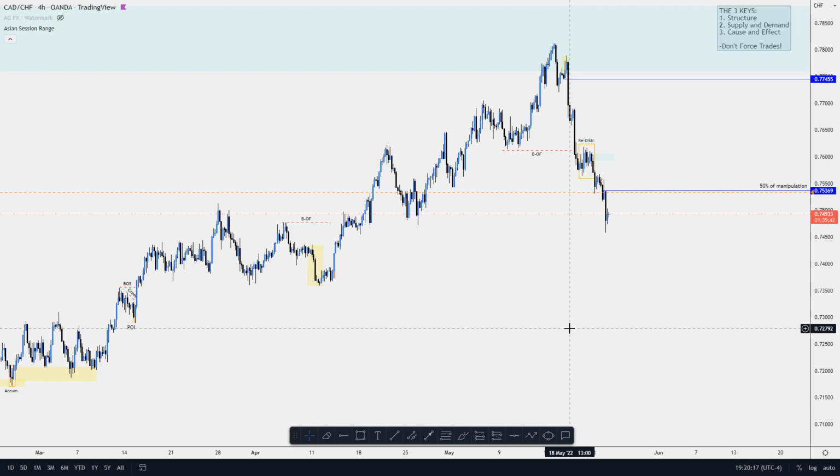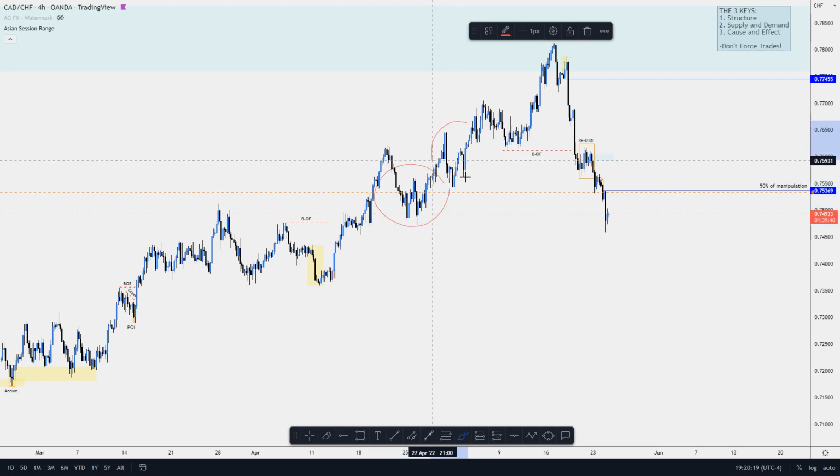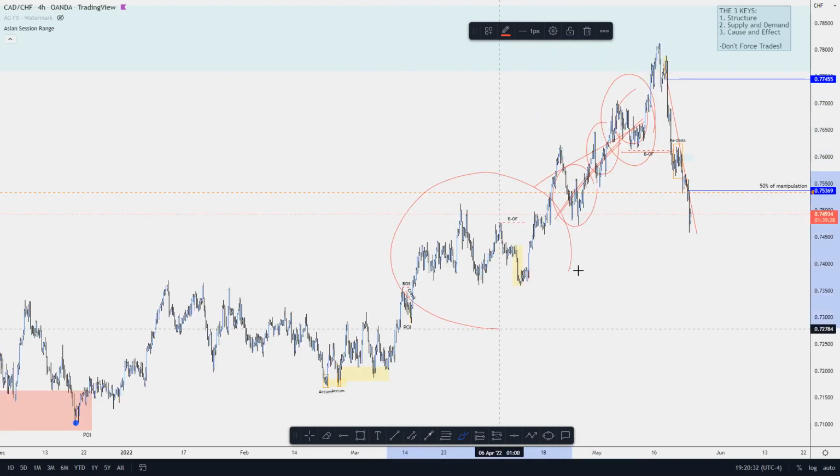And it tells you how to not get faked out by these areas, because I see it all the time where people are taking trades from these areas and they're getting stopped out, right? As soon as I seen that this first area failed, I knew that all of this was just not gonna happen. I knew we were gonna come back to these main areas where buyers got into the market.